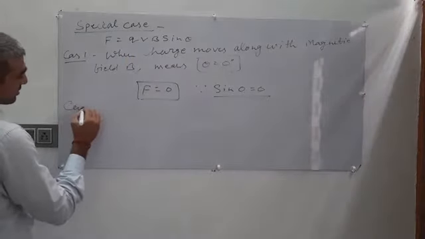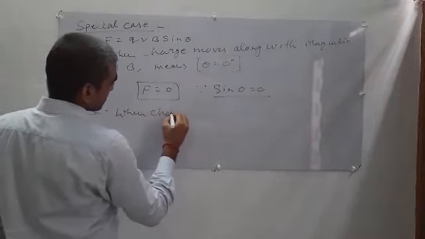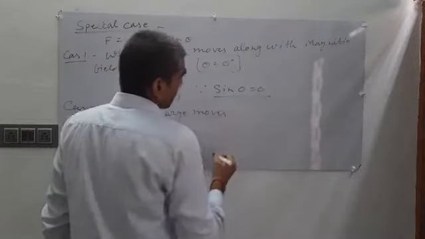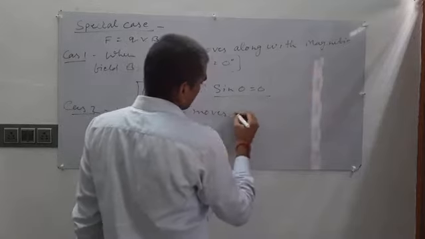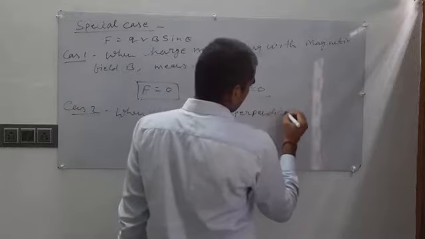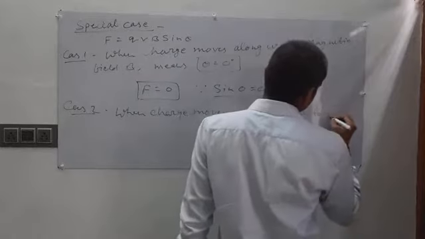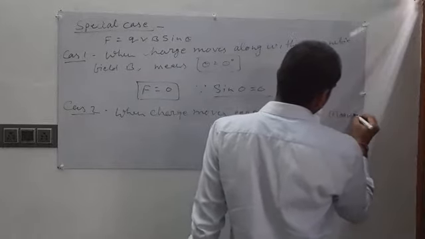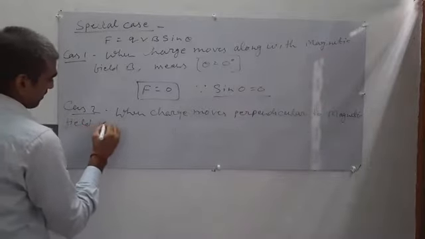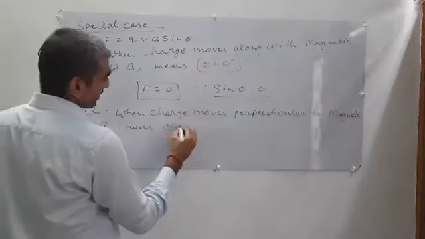Our second case is when the charge moves perpendicular to the magnetic field B. That means theta will be 90 degrees.